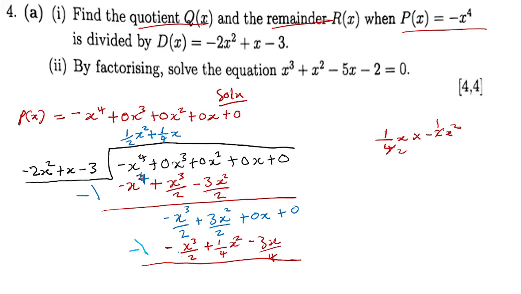So this will be 4 there, so this will be 6, and then 6 minus 1. So 5 over 4. So down there, we are going to have 5 over 4x squared minus 3x over 4 plus 0.